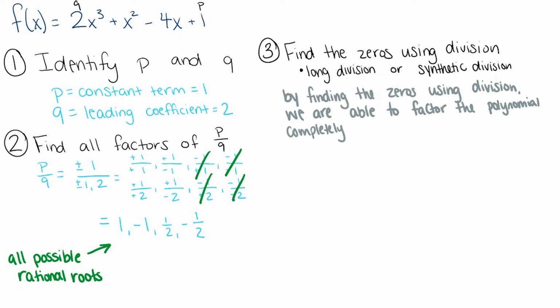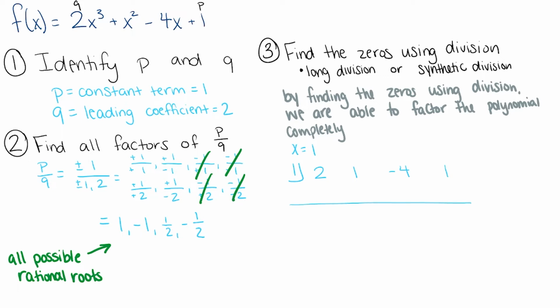All right, so let's start with x equals 1. When we do synthetic division, we'll put our x value inside our little house off to the side. And then we'll write our coefficients for all of our terms in our polynomial in a line across. So we have 2, 1, -4, and 1.